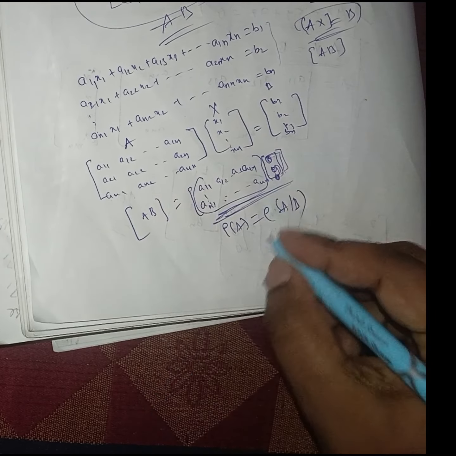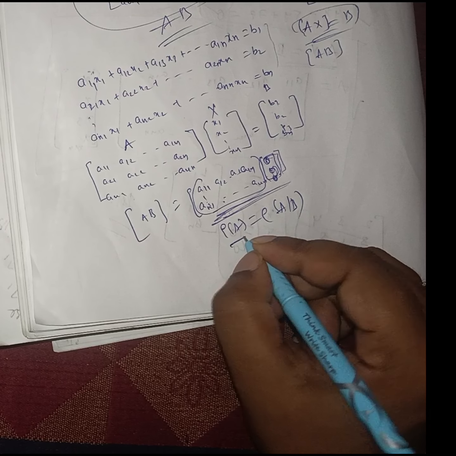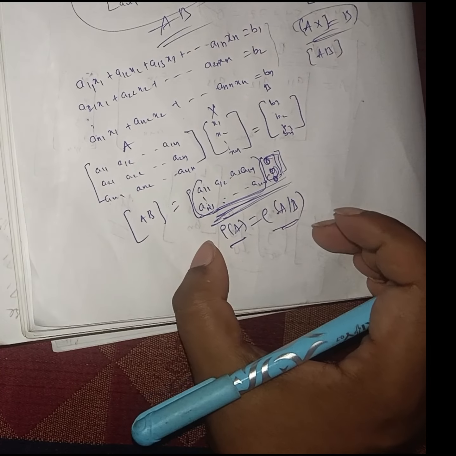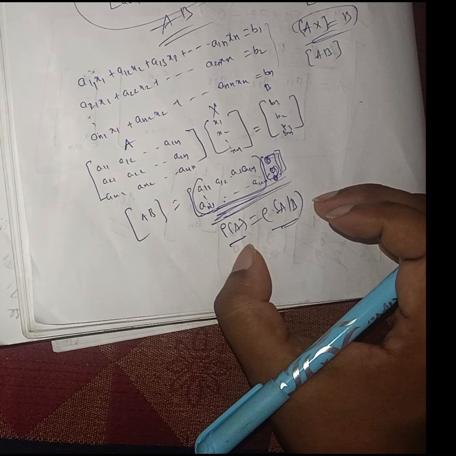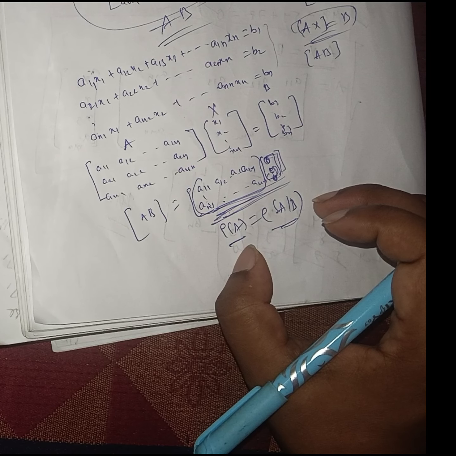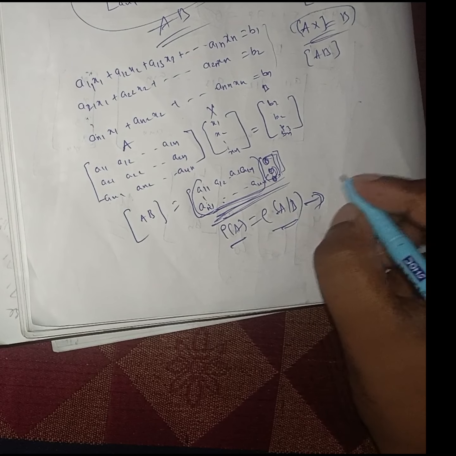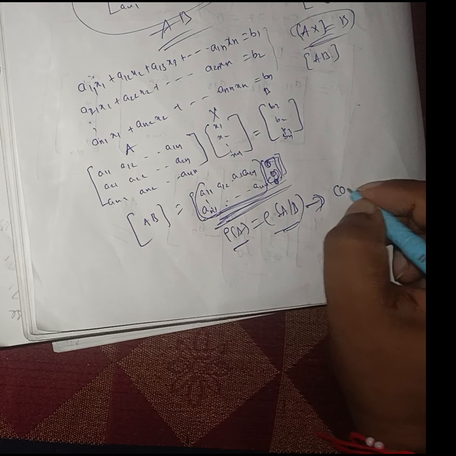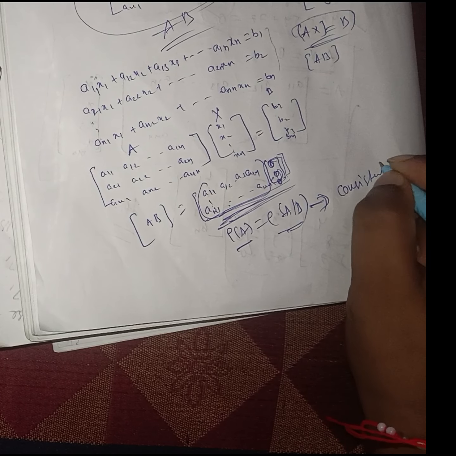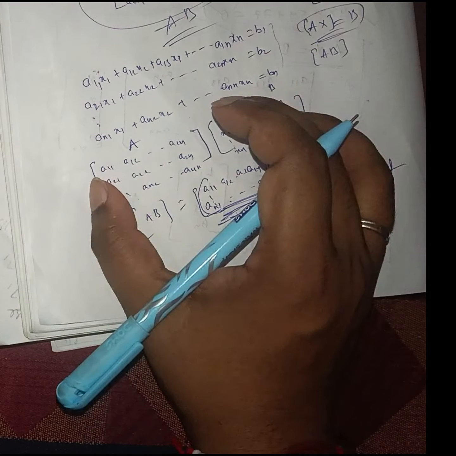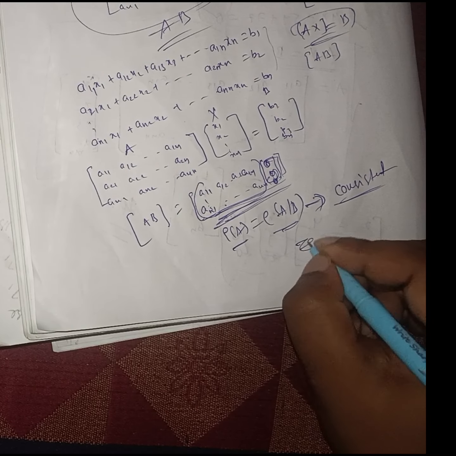This is the rank of A, the coefficient matrix, and this is the rank of AB, the total matrix. If the rank of A is equal to the rank of AB, then the system of equations is said to be consistent, and for homogeneous equations these have the zero solution.